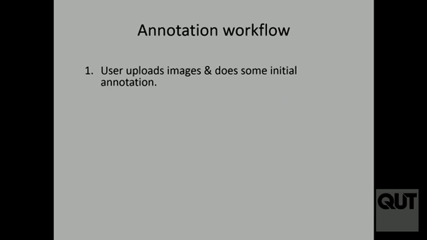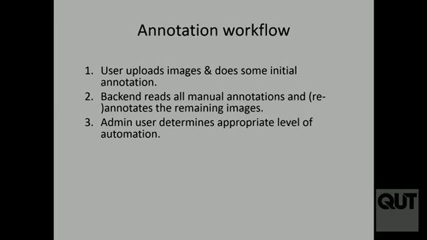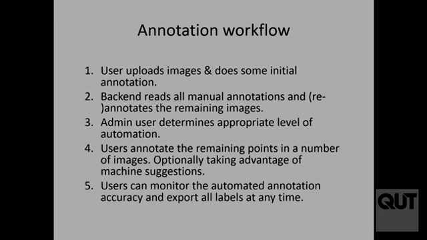The workflow is basically you upload images, you do some initial annotation, and from that the machine will annotate all your images for you with a preliminary estimate. Then you can iterate on this process, improve the backend, and do less and less of the work.